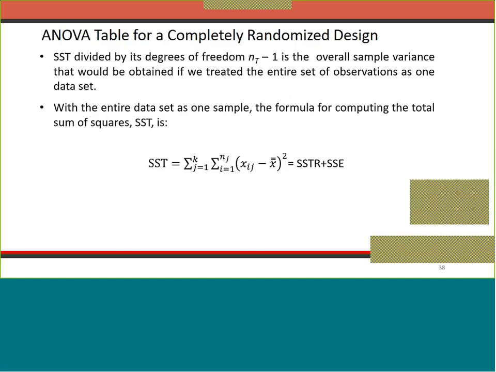That is known as the total sum of squares, and the corresponding degrees of freedom is the total number of observations minus 1. But from the previous table we can see that it is the addition of two sums of squares: one is the sum of squares due to treatments and the other is the sum of squares due to error.